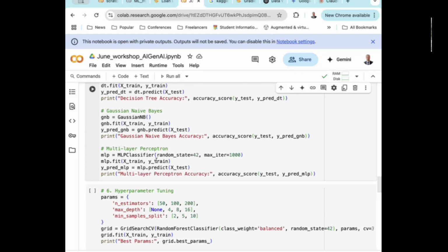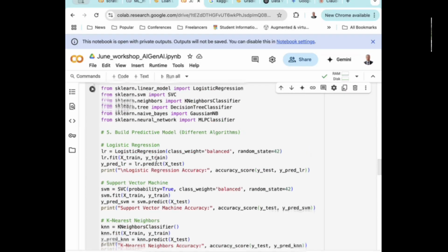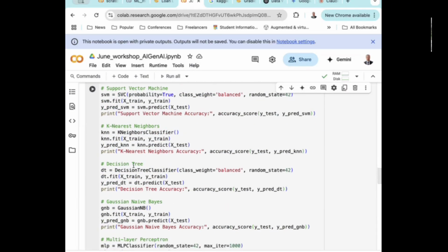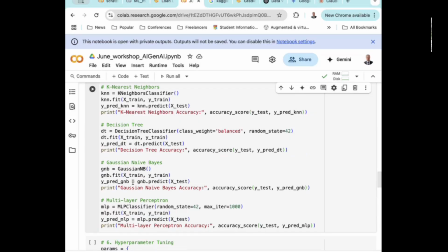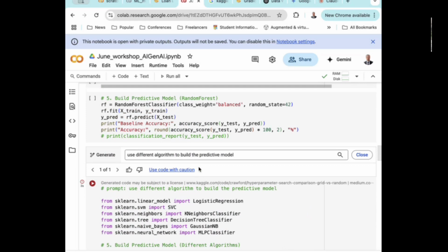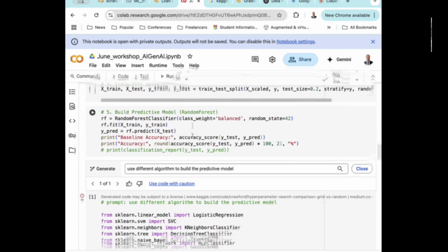This is related to artificial neural network. How many algorithms? 1, 2, 3, 4, 5. And I will say this one is 6. Then I'm going to run this code. Earlier, it was by using what? It was by using random forest.